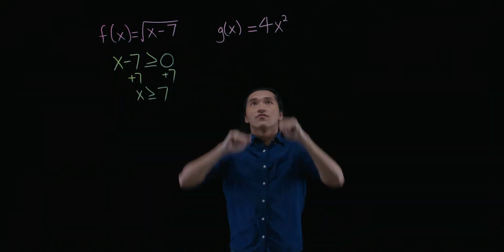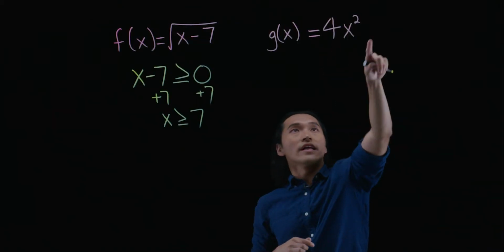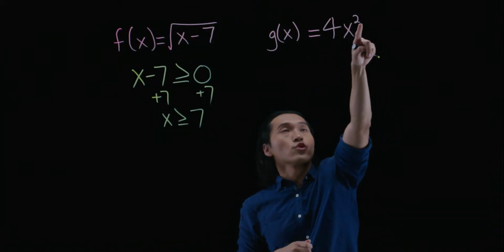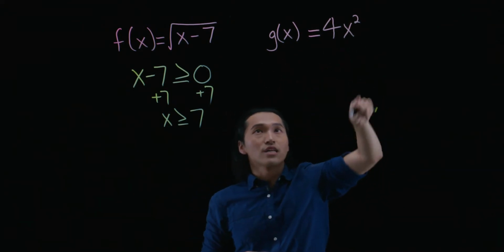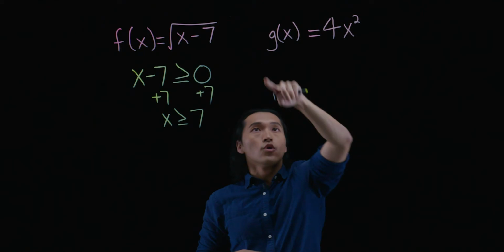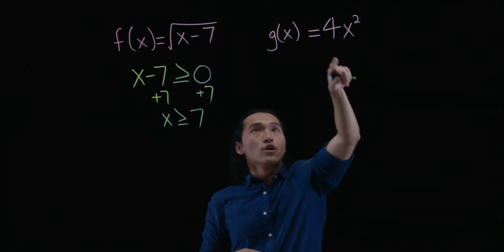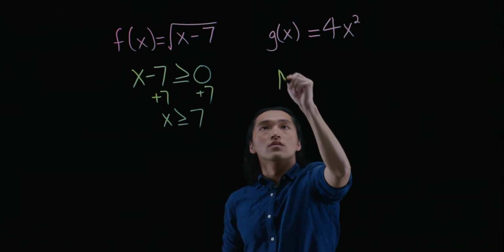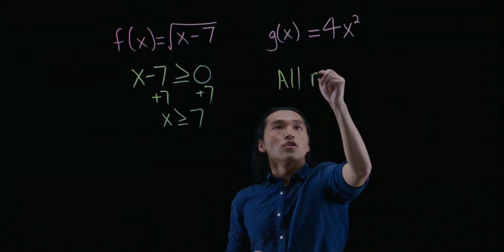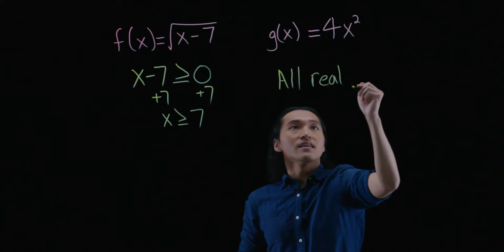Now let's look at the g of x function. Here we have what we call a quadratic, that's when we have an x squared. Whenever we have an x squared, that ends up being a parabola, as we recall from algebra. And with parabolas, the domain is all real numbers. In other words, x could be anything and everything.